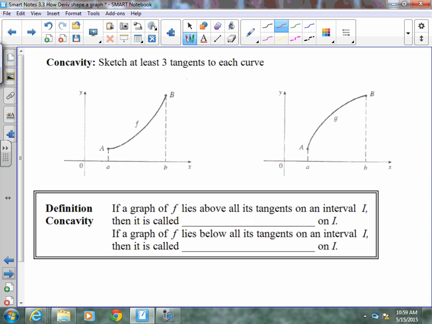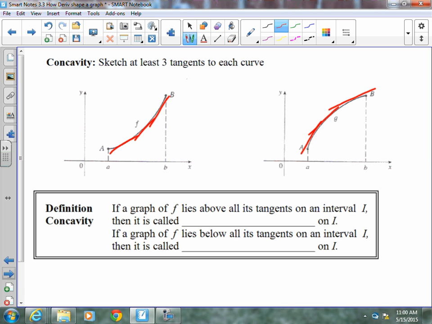Moving on. Concavity. Let's sketch some tangent lines. I want you to sketch 3 of them on this. So, we've sketched them. Now let's talk about this for a second.